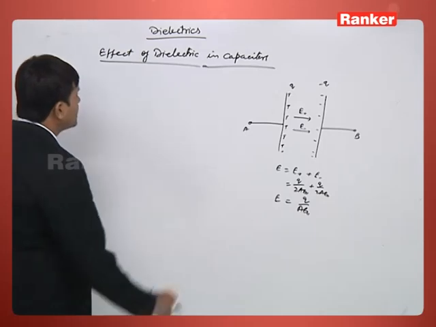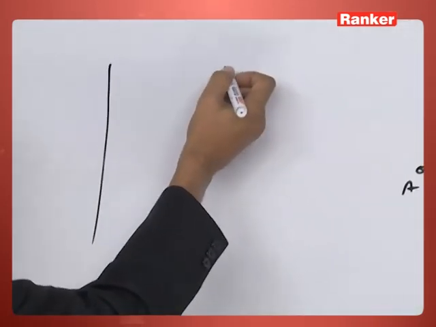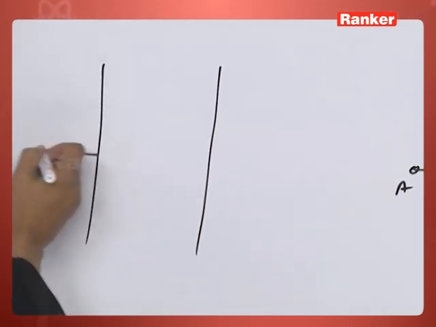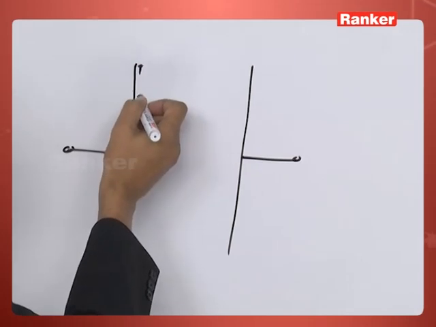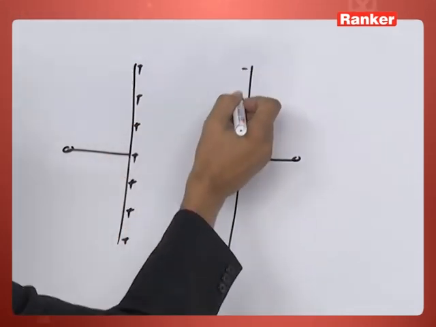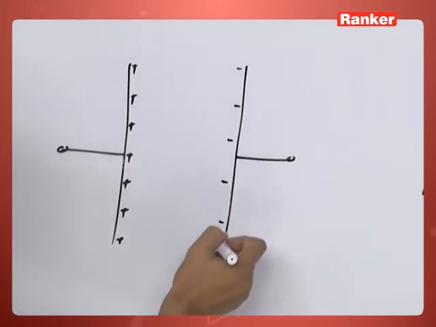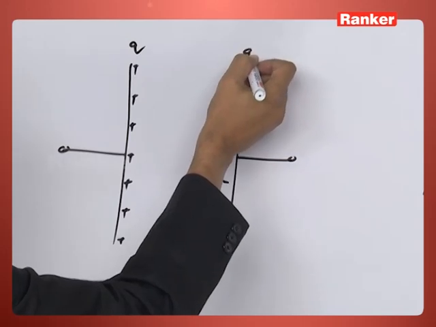Now consider the space between the plates of the capacitor. The plates already have charge Q and minus Q; the plates' charge has not been changed.